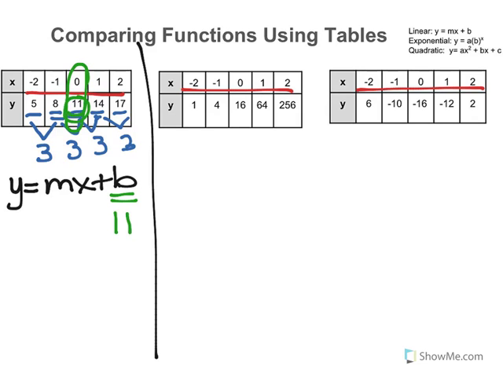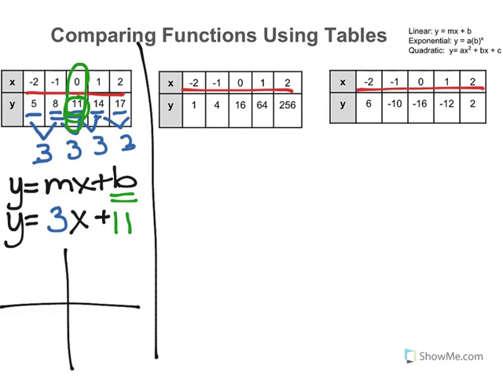We already determined that our constant rate of change is 3, and the constant rate of change is my slope. So my equation for this line is y equals 3x plus 11. If I wanted to graph that on a coordinate plane, I would begin where y is 11, and then my slope is a rise of 3, run of 1.